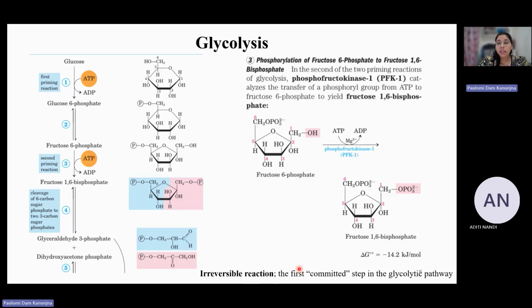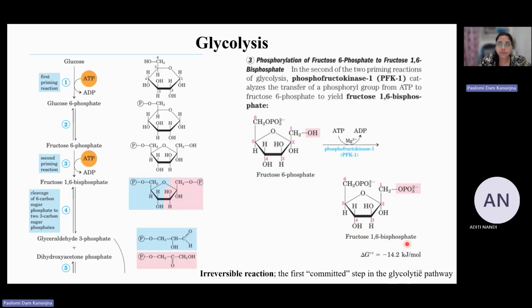When this reaction takes place, the pathway has committed itself to glycolysis. This product here, fructose 1,6-bisphosphate, ensures that the further steps will be followed for glycolysis. Up till here, you can have rearrangement or it can go into some other pathway. But here, once it becomes fructose 1,6-bisphosphate, it is committed to being a glycolytic pathway, right?